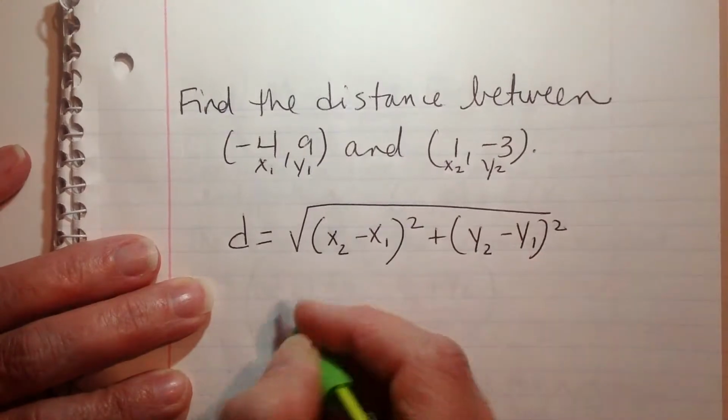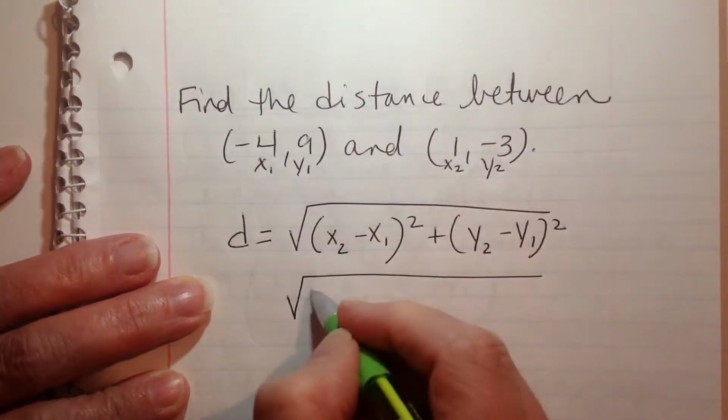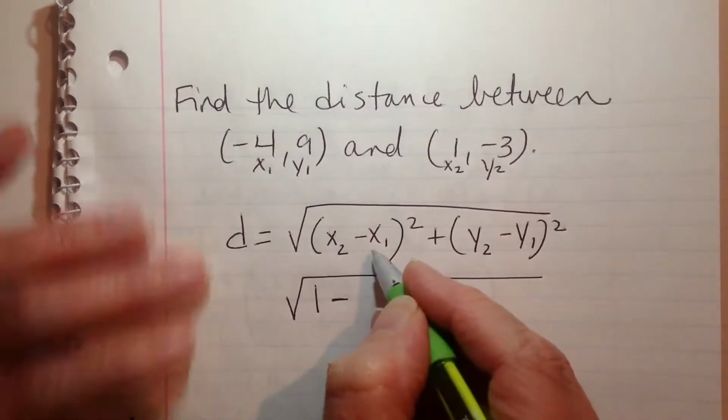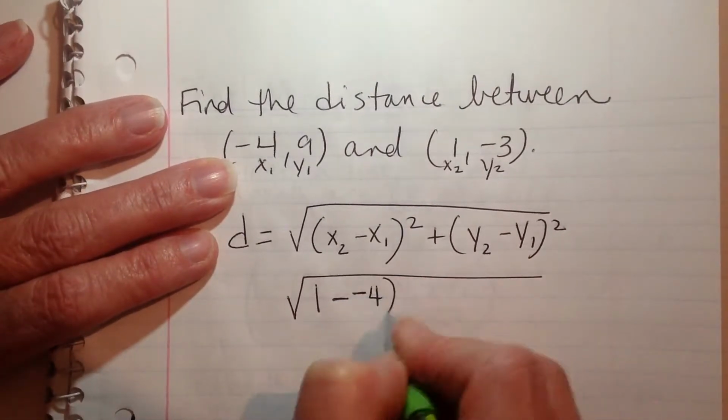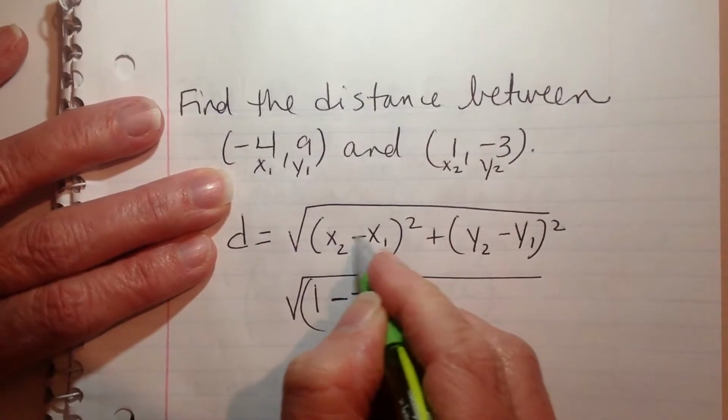So let's run it through our formula. D is equal to the square root. X sub 2 is 1 minus x sub 1 is negative 4, and that is in parentheses squared. Now this minus sign comes from the formula.